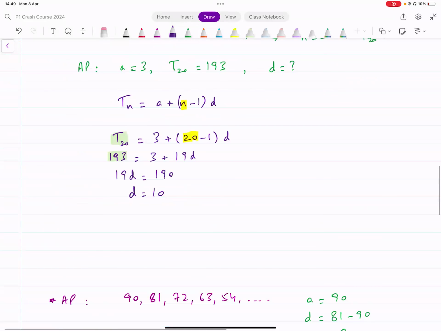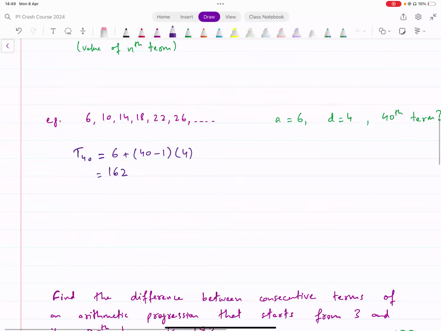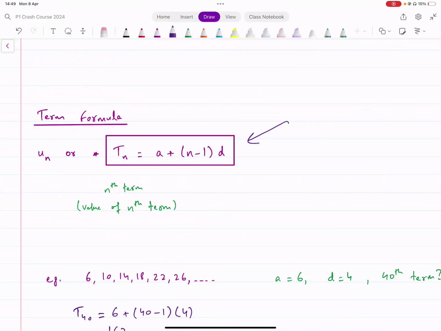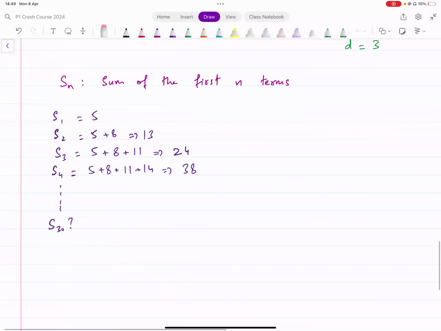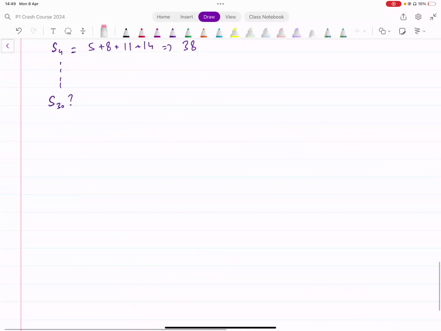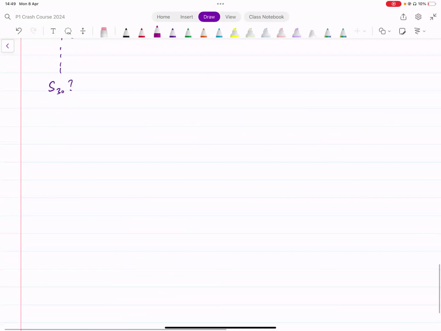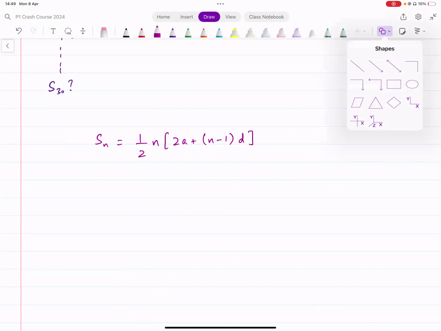Just like we have a term formula, a plus n minus 1 into d, given in the formula sheet, we need some formula for the sum as well. So the sum of an arithmetic progression is given by Sn equals half n multiplied by 2 times a plus n minus 1 times the difference. This is the sum formula for an arithmetic progression.